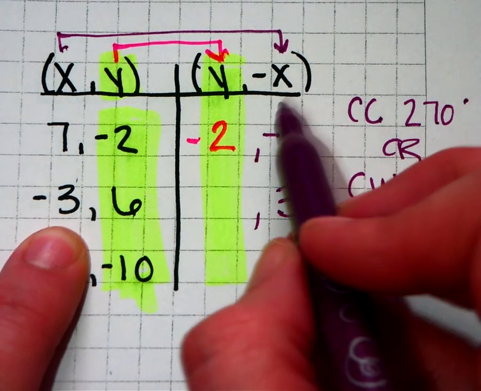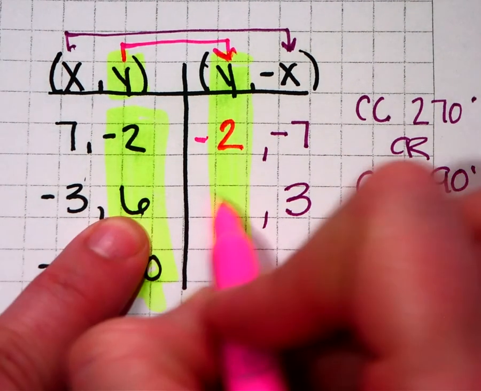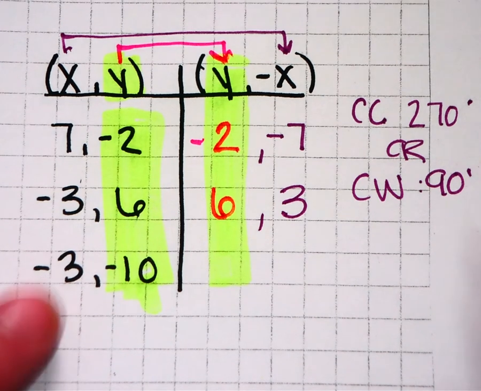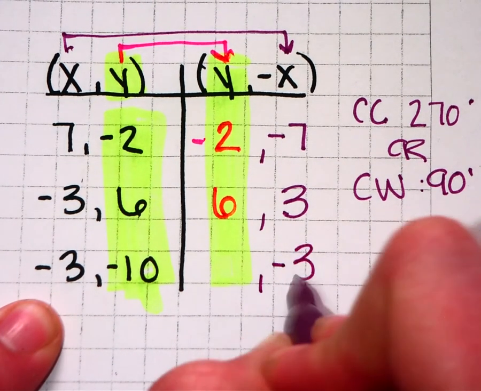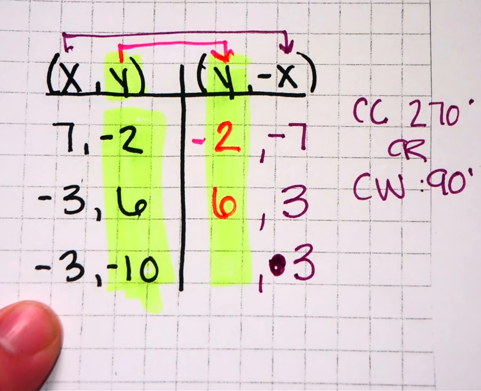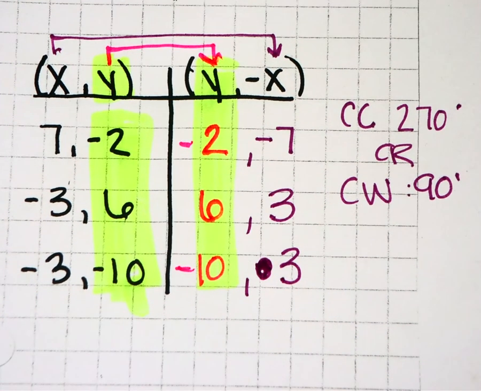Remember, it doesn't mean make it minus. It means change the sign. And then my 6 moves to the front, stays the same. Lastly, we've got negative 3. That's just moving to the end, and I'm going to change its sign, so that should be a positive 3. And then my negative 10 moves to the front and stays the same. And those are all of your rotation rules.